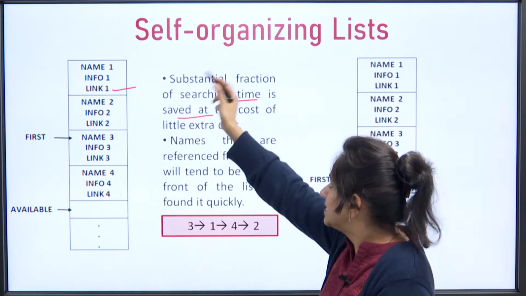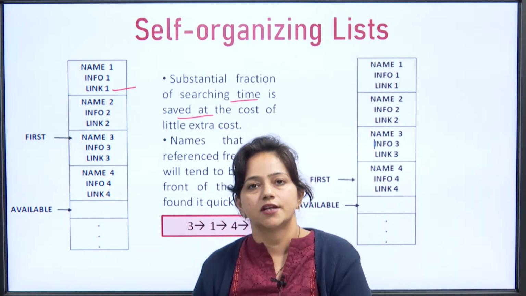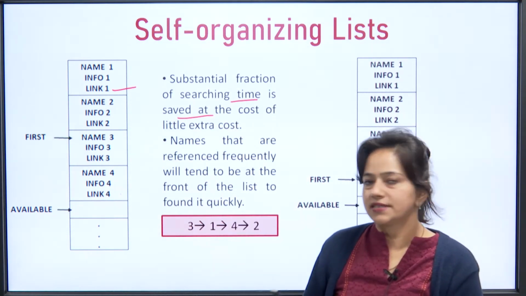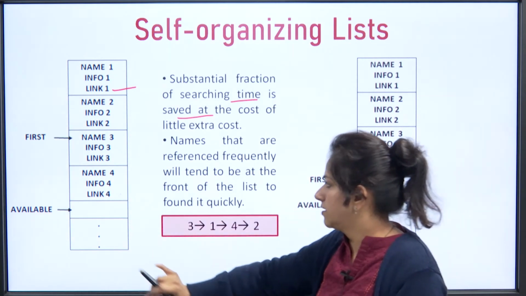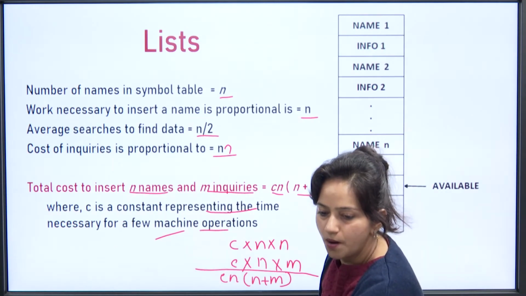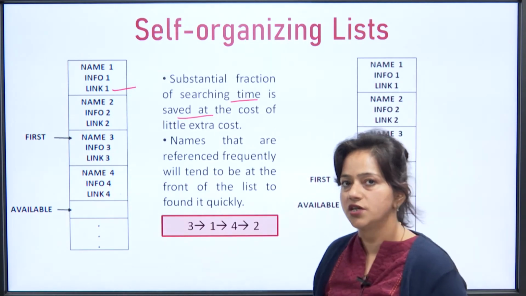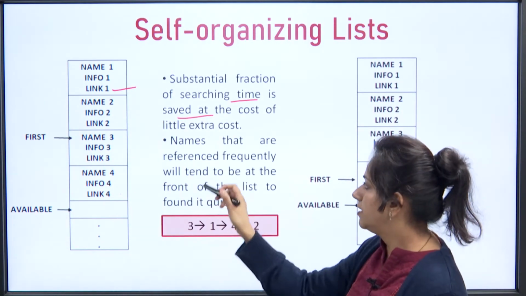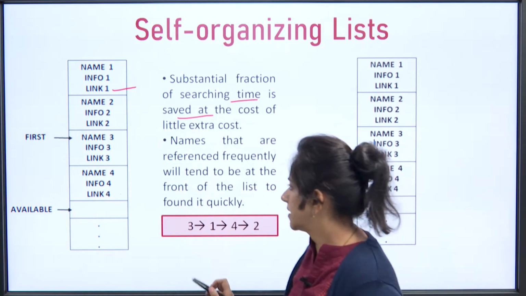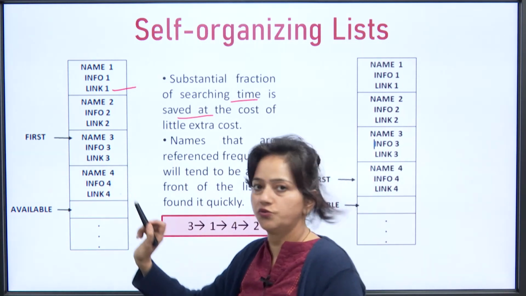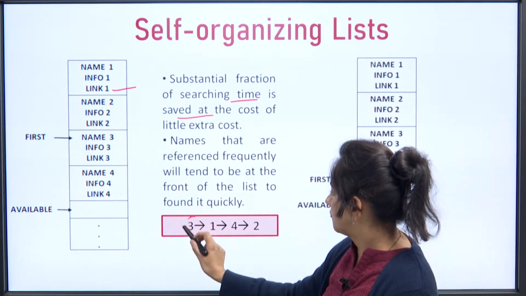And why is this called a self-organizing list actually? First I will explain the linked structure. As we discussed, in the array form the elements are stored one after another in sequential way, and here they are linked. So this is the linked representation, and suppose first is pointing to 3. Now 3 is at the front.